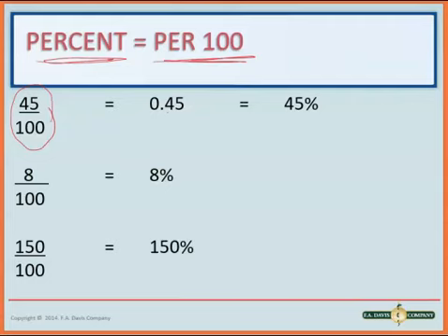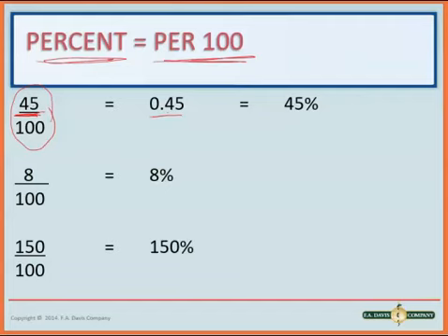So our 45 is over 100. So in order to get our decimal, to get 0.45, what did we have to do? We had to divide. Remember, we said this line can be the same thing as division. So if you divide 45 by 100, you can get 0.45.